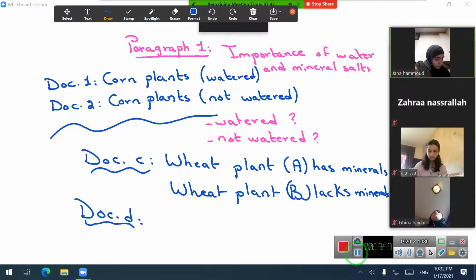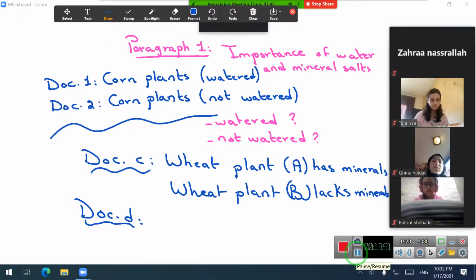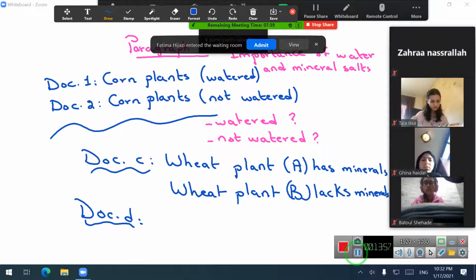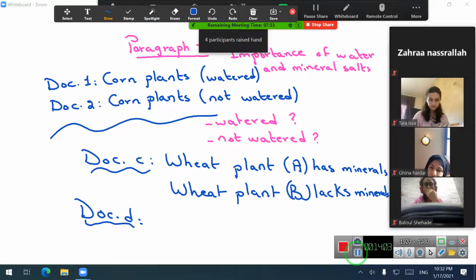Lettuce cultivated in gravel, it is watered with a proper water and fertilizer mixture. Fertilizers are made of different mineral substances. Excellent.